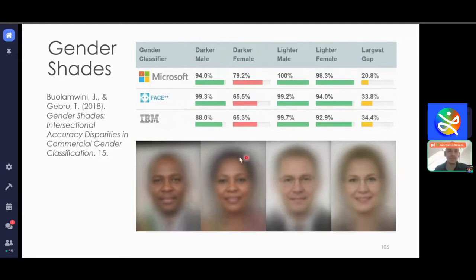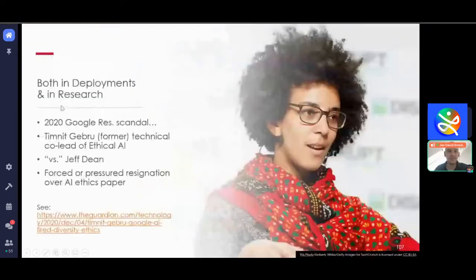This study was actually done by a team, but Timnit Gebru was one of the authors. I'm not sure if you follow these developments closely, but there was a big scandal in Google Research, where there was an internal fight with Jeff Dean, who leads Google Research, and a forced or pressured resignation over an AI ethics paper.